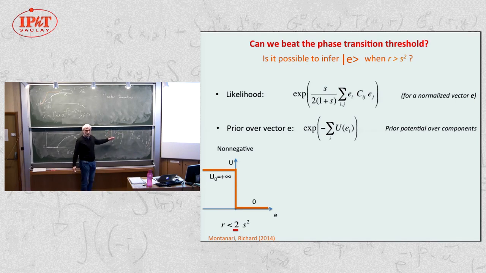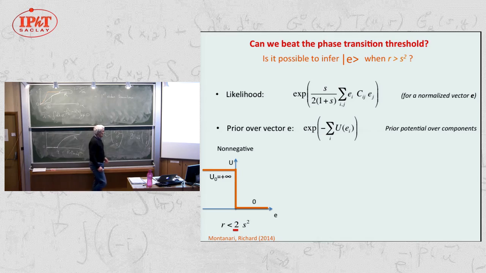And of course, this will have a positive dot product if n is finite, but when n goes to infinity, there is no guarantee that the dot product will remain finite if E is very sparse. So suppose, for instance, this is my vector E here, then of course the dot product will vanish when n goes to infinity. Okay, so the problem is not as trivial as it looks.